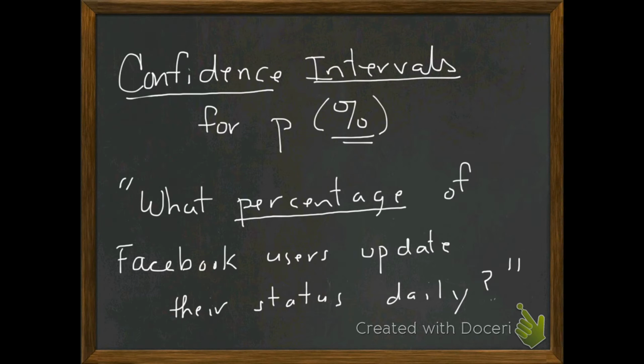Well, it's as simple as this. The problems are going to ask, what percentage, what fraction, what proportion of some population, in this case all Facebook users, update their status daily? Well, guys, I don't know the answer to that. In fact, I would probably say that no one does, and I would suspect anyone that claims that they do.